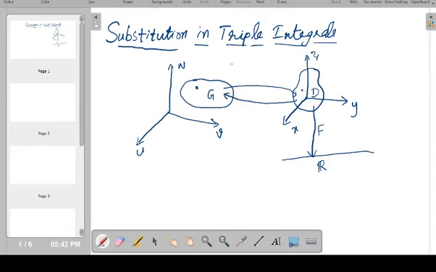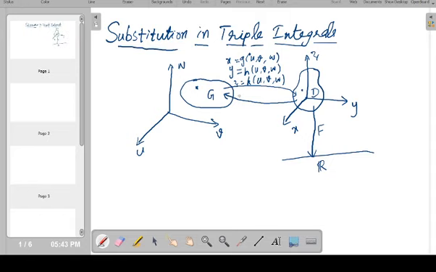The transformations are x equal to g of u, v, w, y equal to h of u, v, w, and z equal to k of u, v, w.